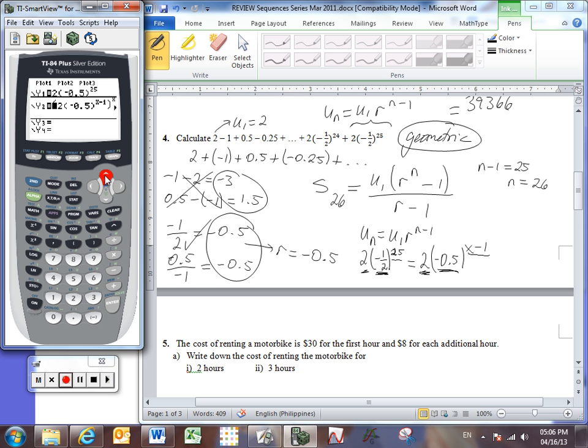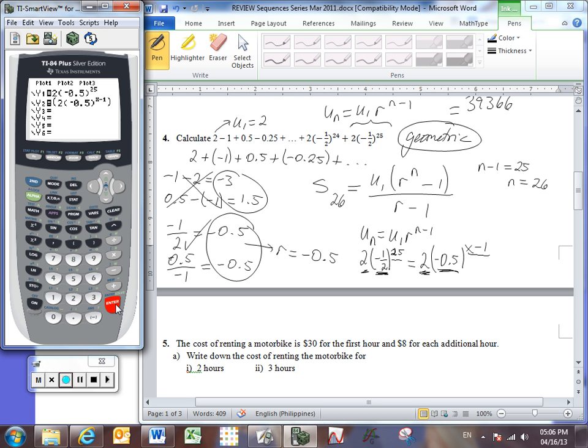Trying to figure out what's happening here. Got some weird stuff at the end. Oh, I've got the x minus 1 twice, so let me just delete those. Okay. Hope that works out. Looks okay.